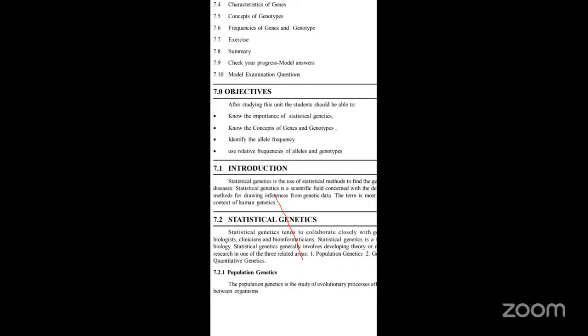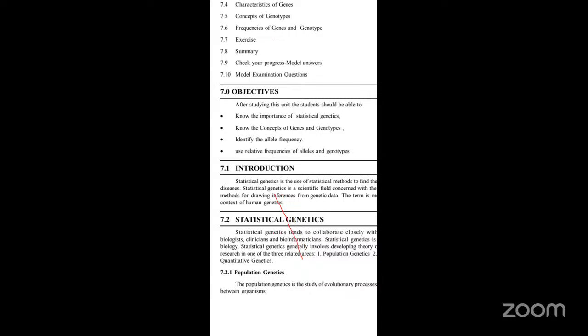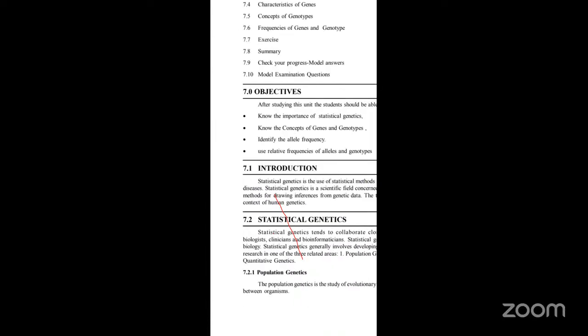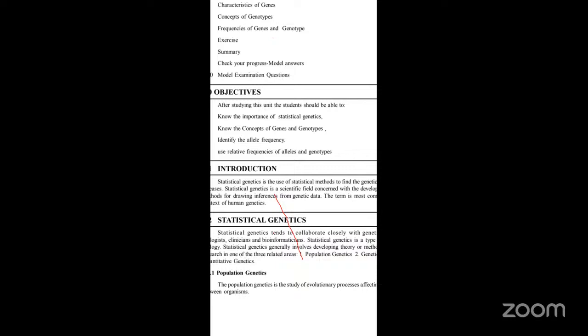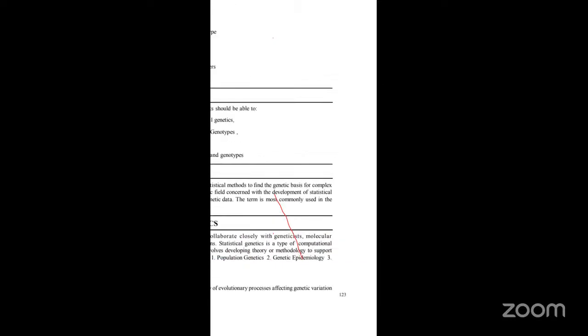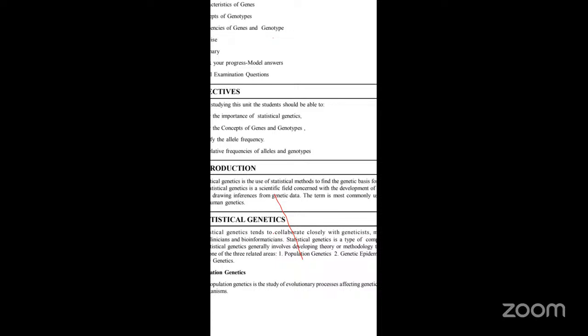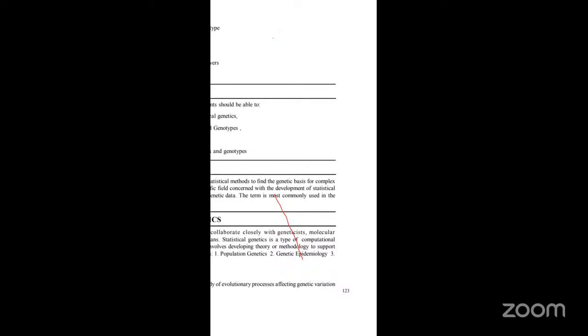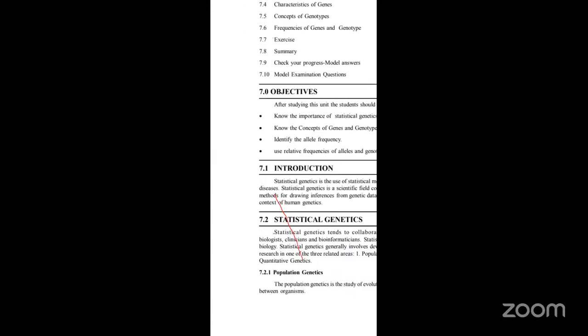Statistical genetics is the use of statistical methods to study genetics. It is a scientific field concerned with the development of statistical methods for drawing inferences from genetic data. The term is most commonly used in the context of human genetics.